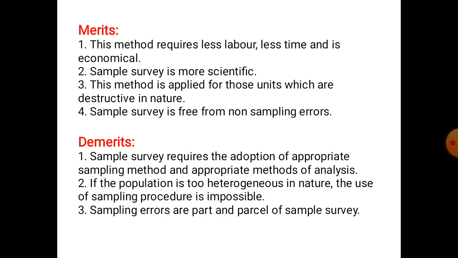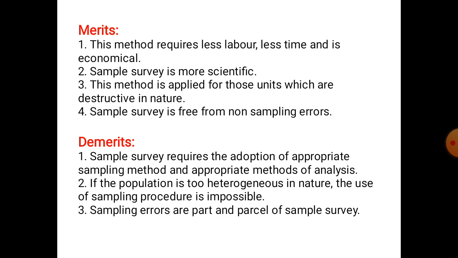Next, sample survey is more scientific. Scientific means conducted in the manner of science or according to results of investigation by science. Why is sample survey more scientific? Because study may be done by other samples for available information. Next, this method is applied for those units which are destructive in nature.